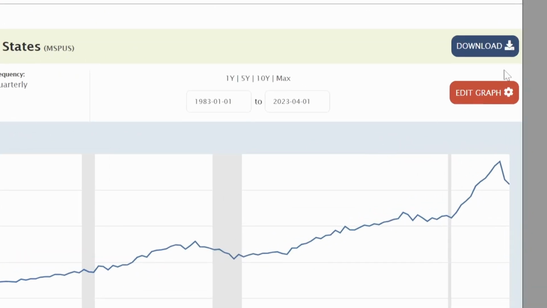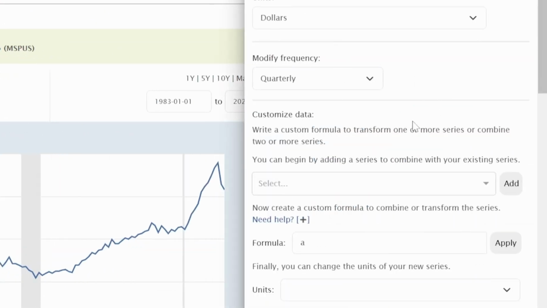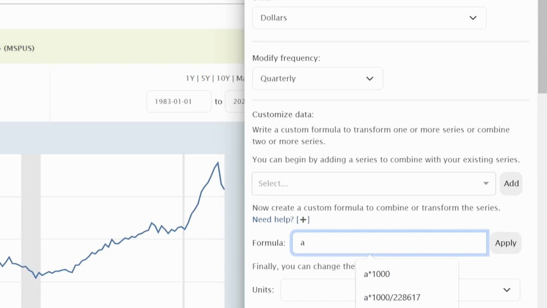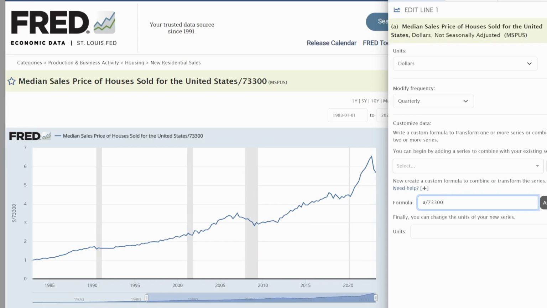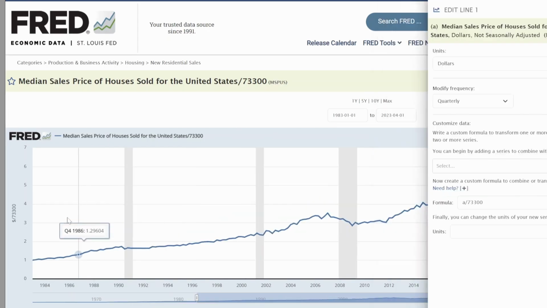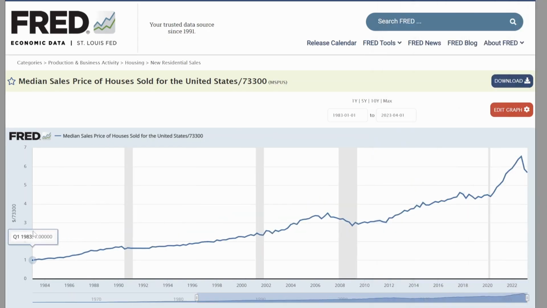That's a lot. But how much is it? Well, that's actually very easy to figure out. We click Edit Graph, and then we divide this formula by the first number, 73,300. What you want to pay attention to is that the very first number is equal to 1.00000.